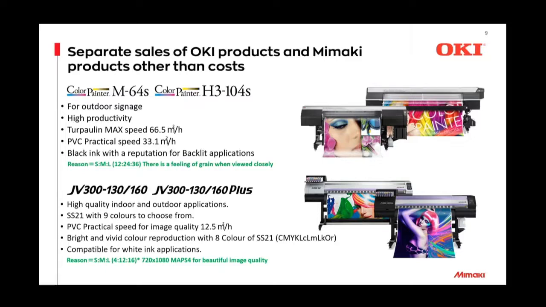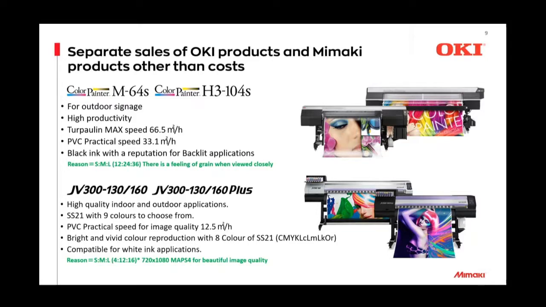Where we look at the ColorPainter range, starting with the M64S, yes, there is a more targeted focus on outdoor signage solutions because the SS Ink is outdoor superior, and we'll go into more detail with that. Obviously, clearly higher productivity. So we're starting at 24, 33, even up to 66 square meters an hour.